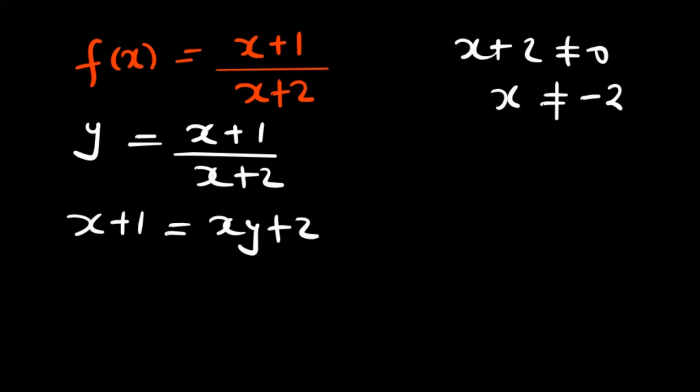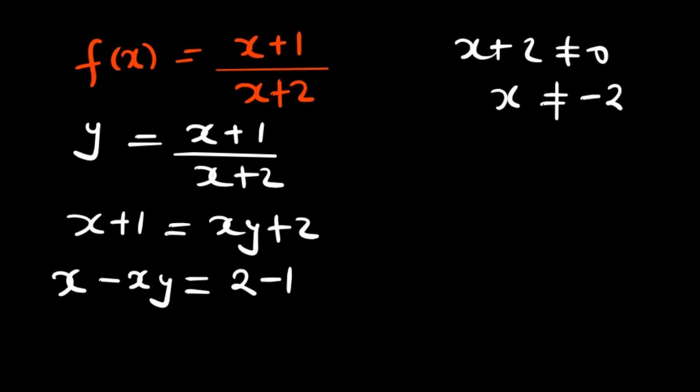Because we're making x the subject, I'm going to put the terms with x on one side. So the xy is going to go on the other side, and it's going to become negative. So I have x minus xy is equal to 2y. When I take the 1 to the other side, it becomes negative 1.